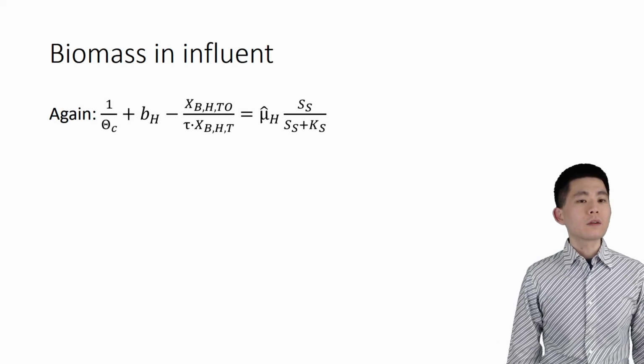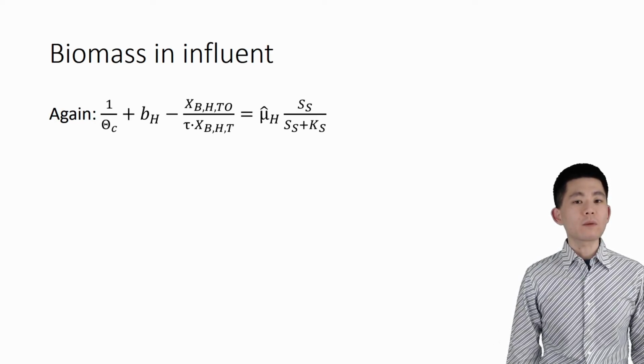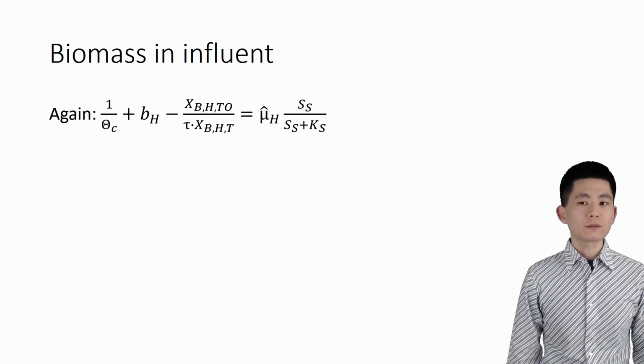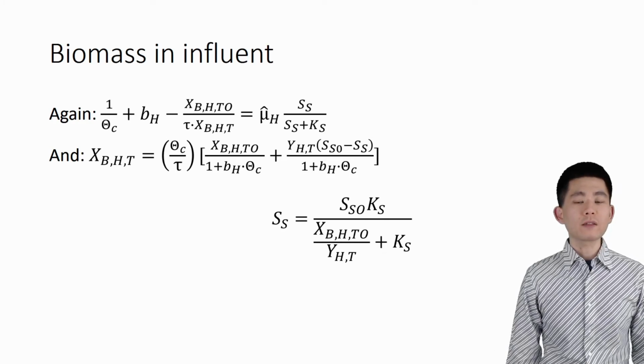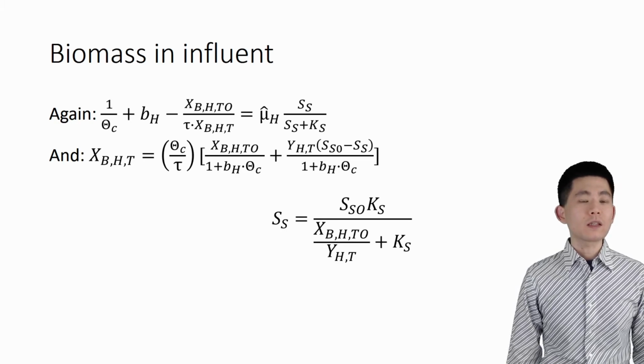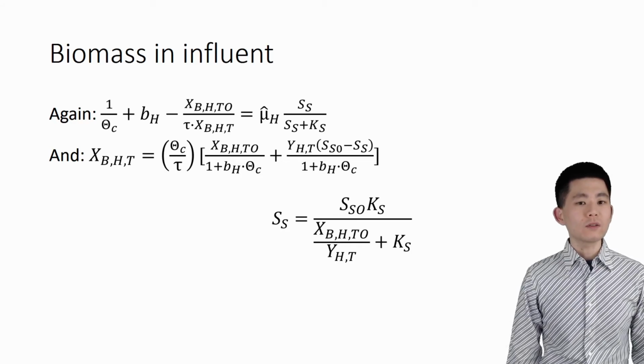Again, from the mass balance of active biomass and the Monod equation, we can get this equation. And we can substitute the expression for active biomass in this equation. After simplification, we can get an expression for soluble substrate with influent biomass concentration, influent soluble substrate concentration, half saturation coefficient, and yield.